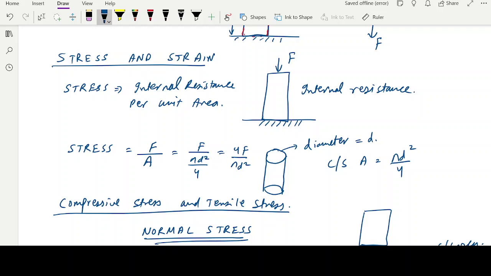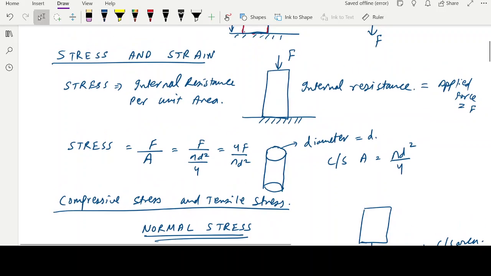One thing to be noted is that in almost all the applications that we'll be studying in this subject, the internal resistance is taken to be equal to the applied force. So internal resistance per unit area can be approximated as F by A, the external force applied divided by the cross-sectional area. This is stress.